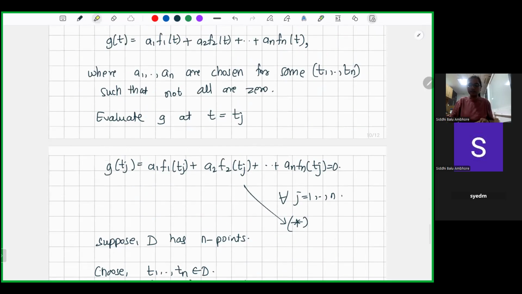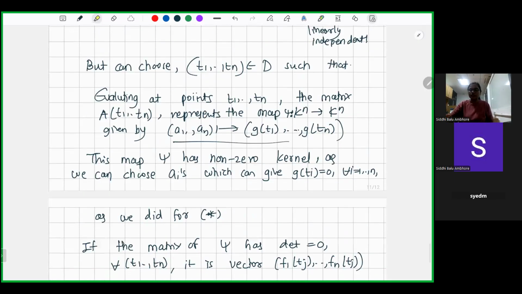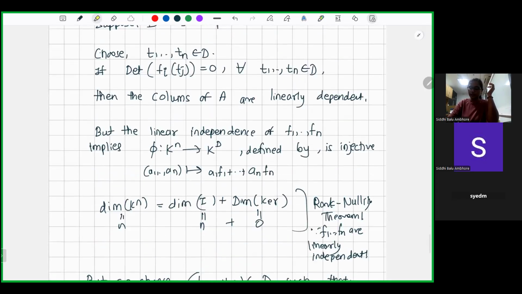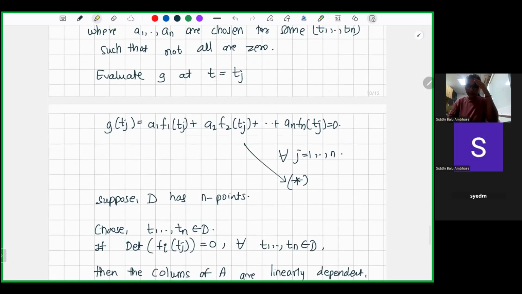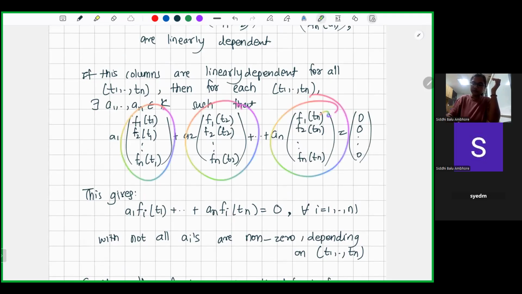This T1 to Tn could be same, different, we don't care. It is just some elements from D such that I want these columns to be linearly independent when I look at them. So I want to just find such T1 to Tn.